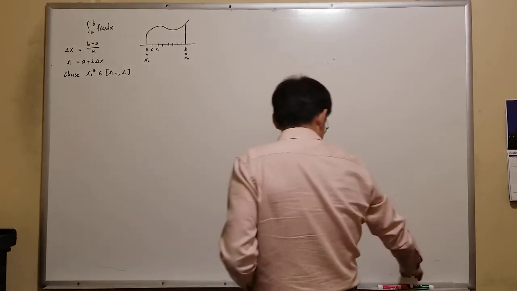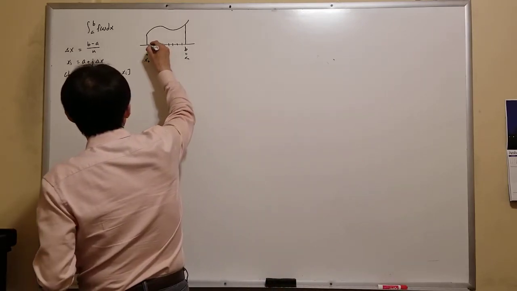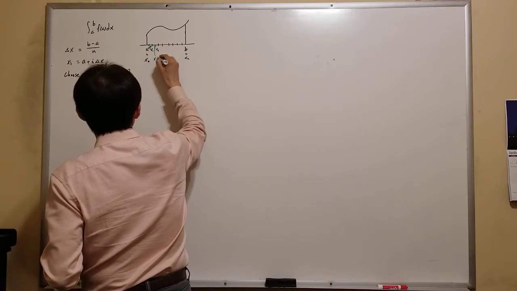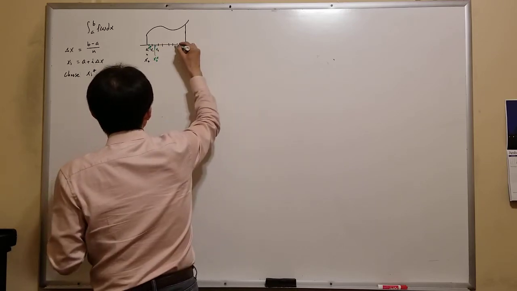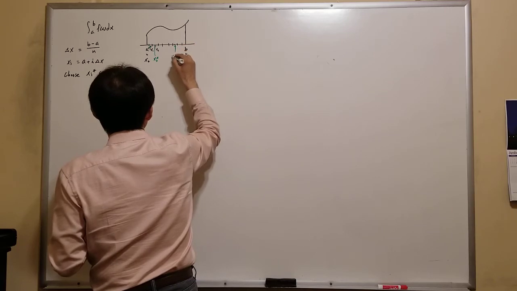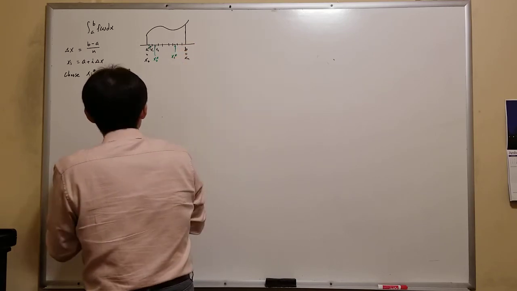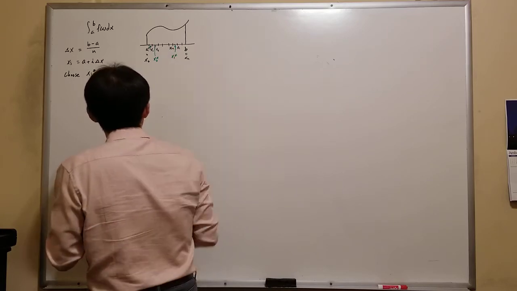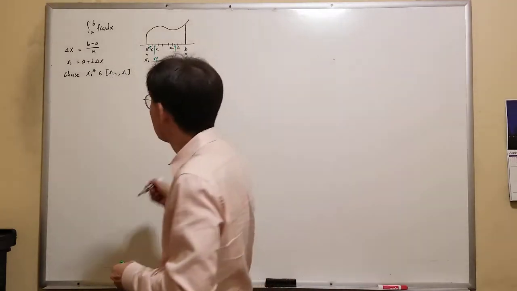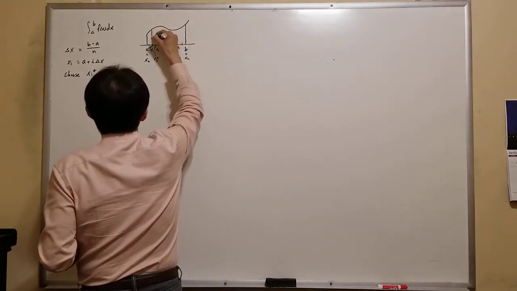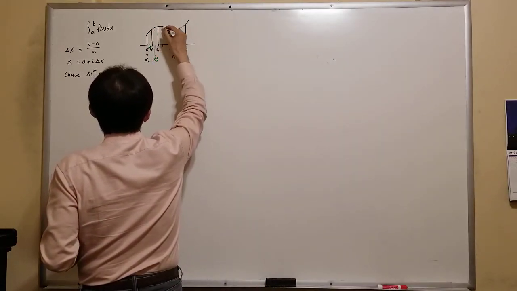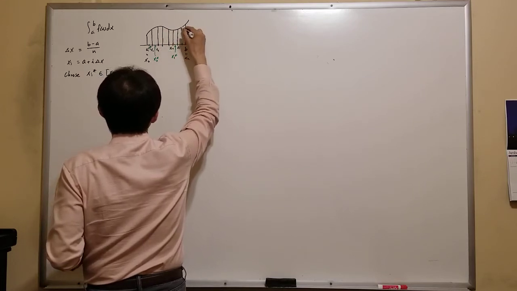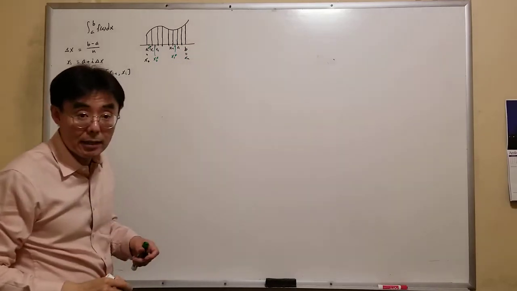For example, x1 star, x2 star, and this is xi star, between xi minus 1 and xi. And what we do here is we try to find the area of each rectangular column.